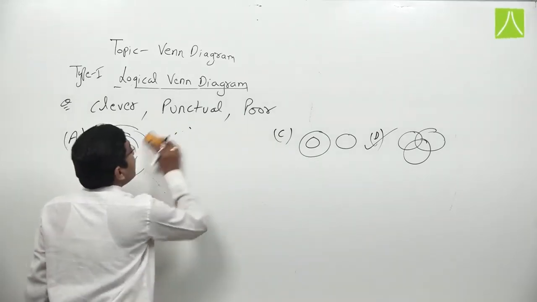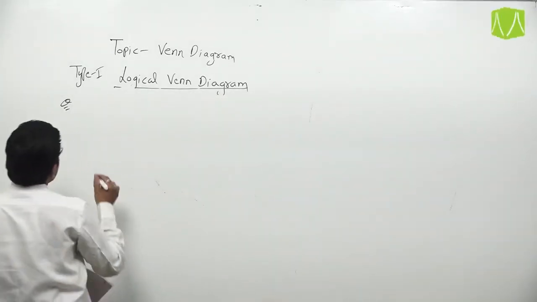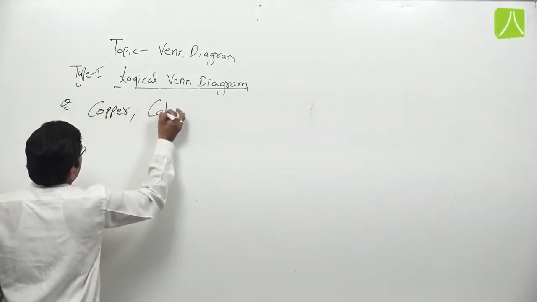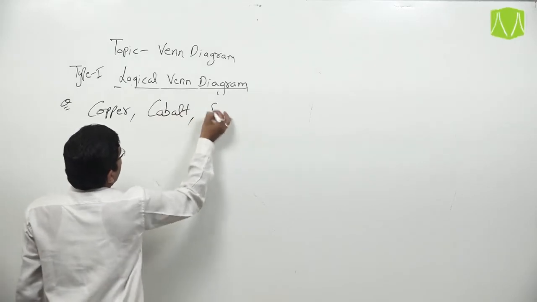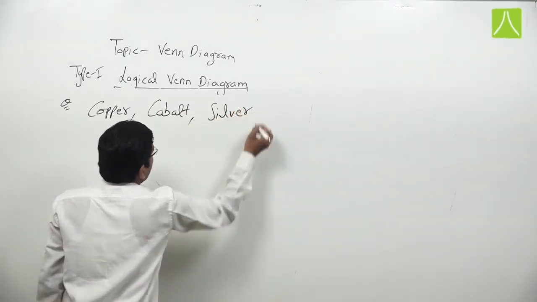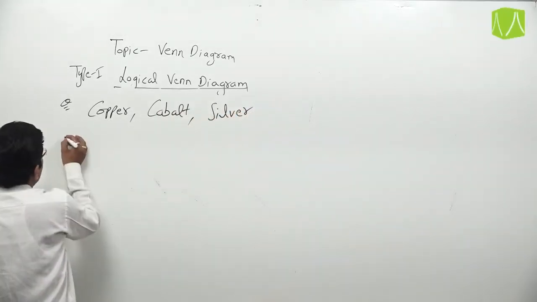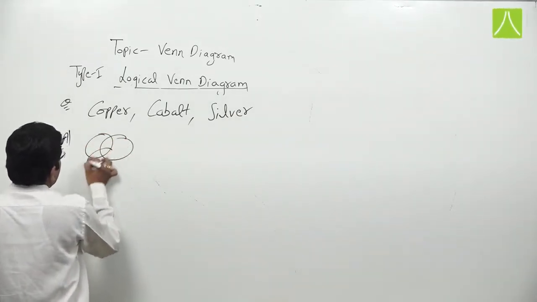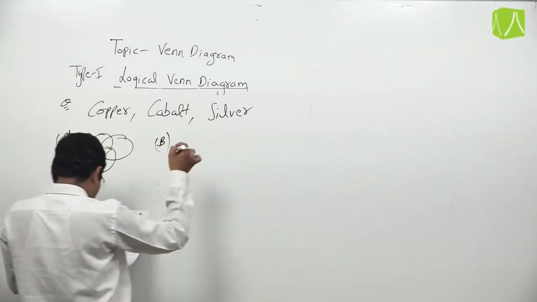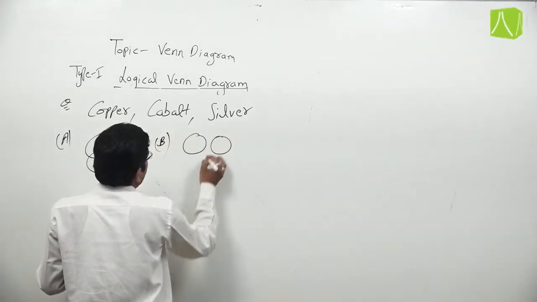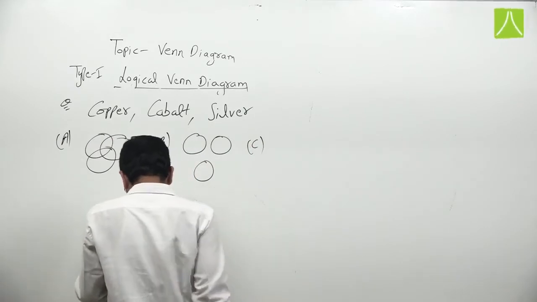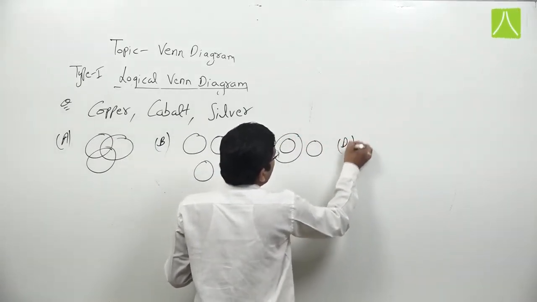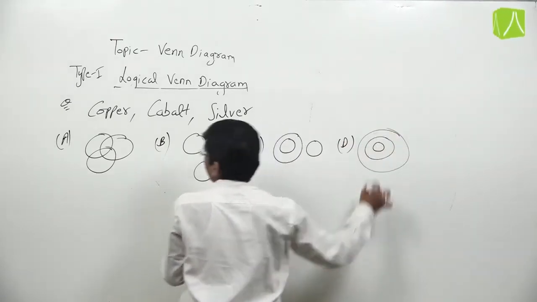Now take the next example. Copper, cobalt and silver. Our first option is, second option, third option and fourth option is like this.